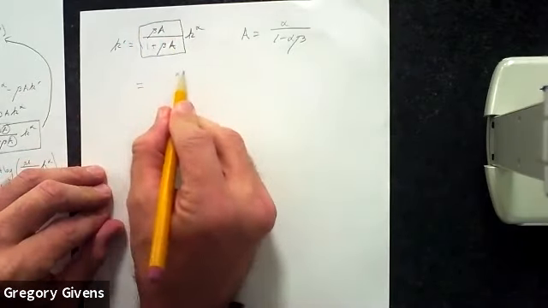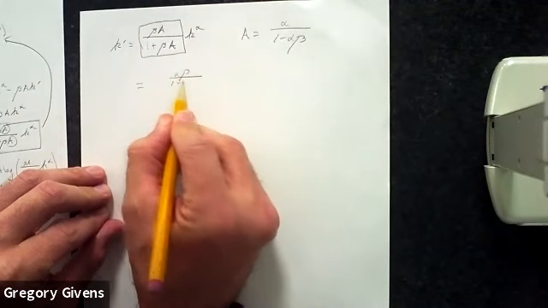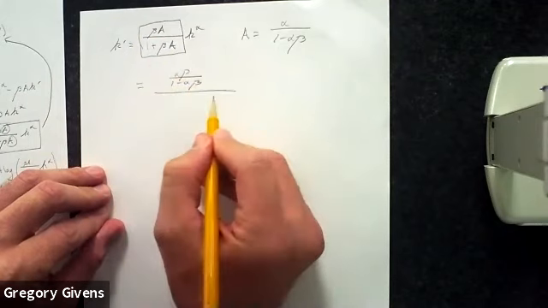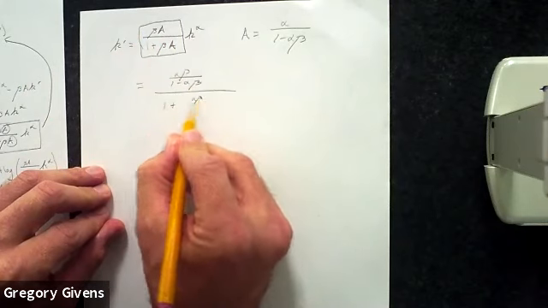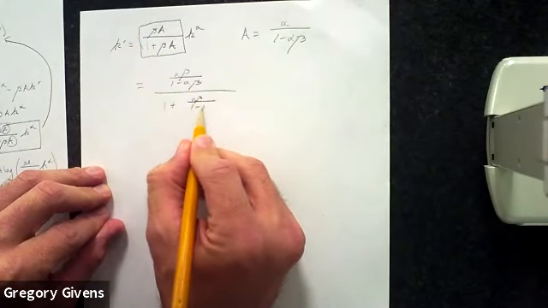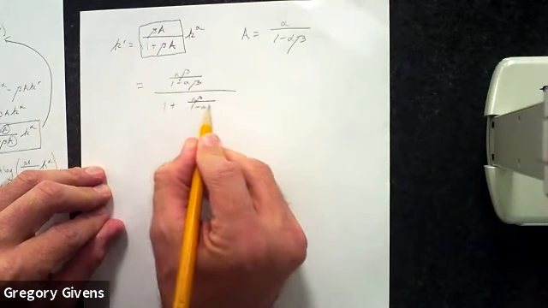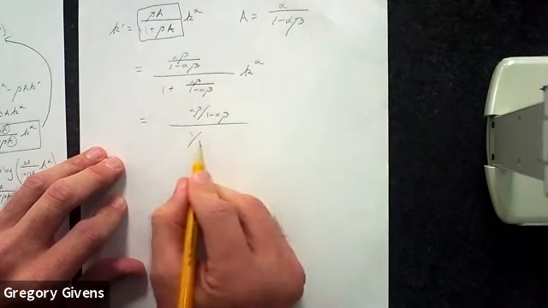That would be what? Alpha beta over 1 minus alpha beta divided by 1 plus alpha beta over 1 minus alpha beta times K to the alpha. So that's alpha beta over 1 minus alpha beta divided by, let's see, 1 minus alpha beta divided by 1 over 1 minus alpha beta.